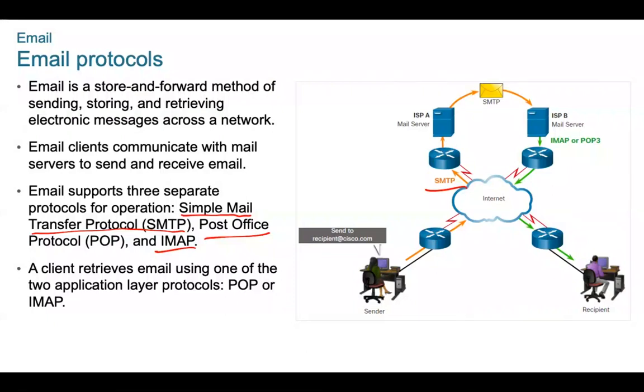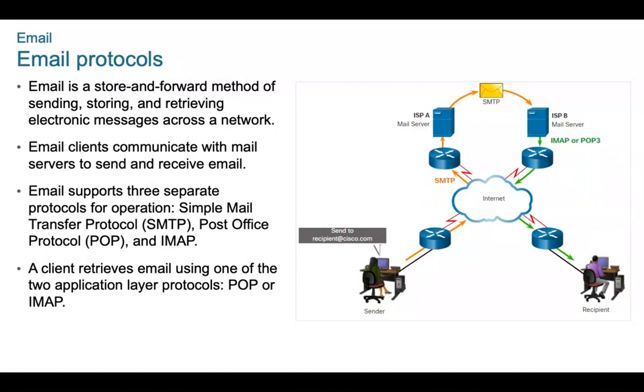So the application layer process that sends email uses this SMTP service, and on the delivery side it can use either the POP service or IMAP service. Okay. So the client retrieves the email using one of the 2 application layer protocols, either IMAP or POP.